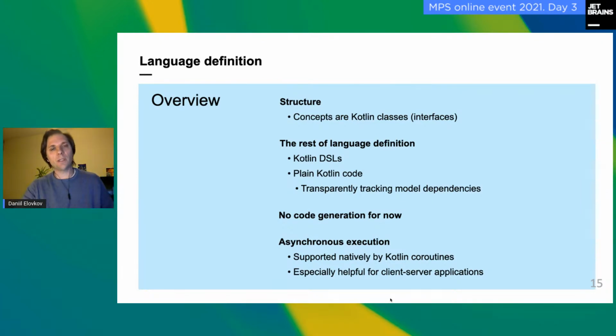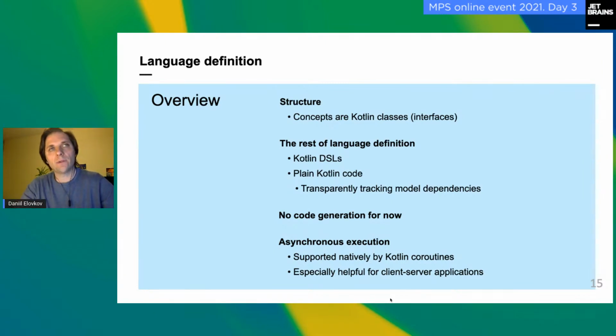Another interesting thing is that asynchronous execution is kind of everywhere. It's supported natively by Kotlin coroutines, a mechanism in the Kotlin language that allows us to write the code in a sequential manner, in a very usual and conventional-looking way, and have it run asynchronously, as if there were callbacks passed around.